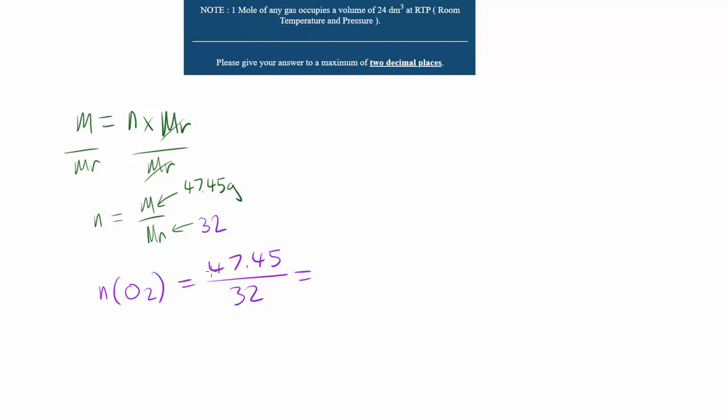If you have a go at working that out, you should find that you get 1.4828125, and that's in moles. So we've got the number of moles of the oxygen.